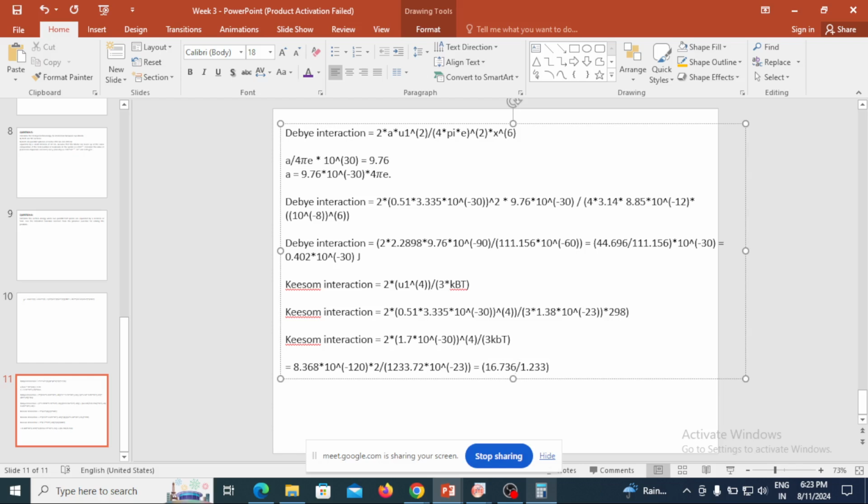Since we made 1233.72 times 10 power minus 23 into 1.233, the power will be 10 power minus 20. In the numerator you have minus 120, in the denominator minus 20, so that will be minus 100.